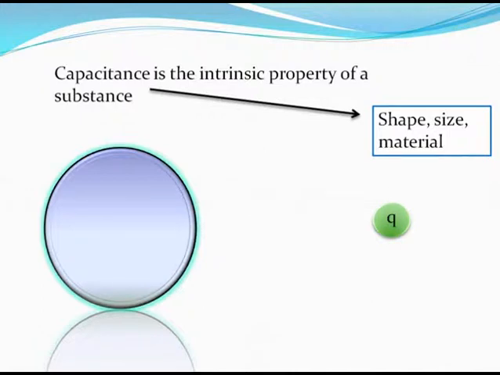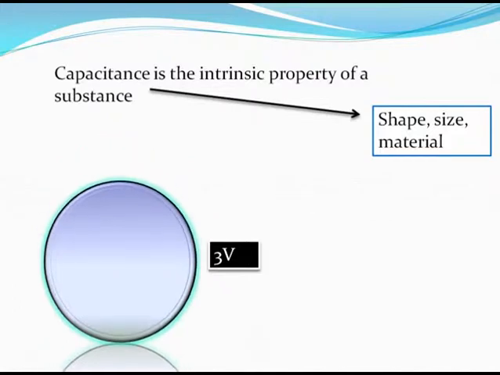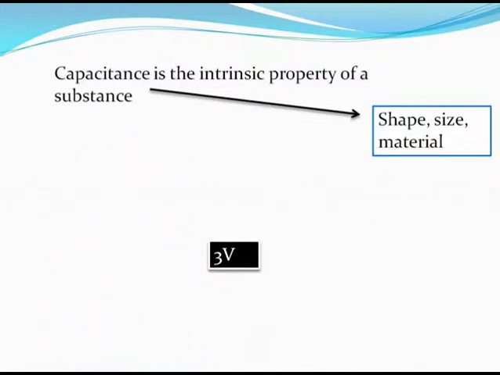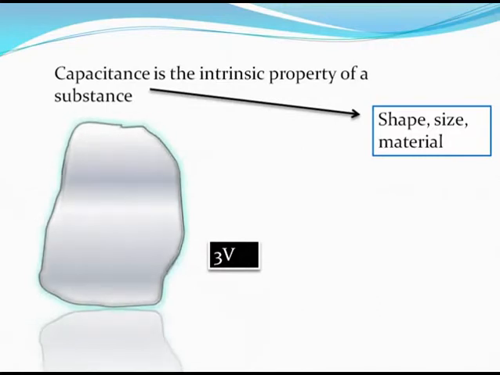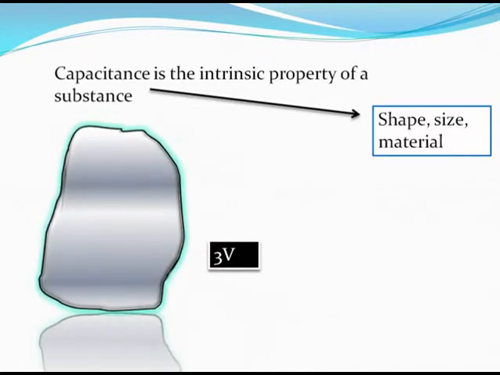So let's say you have this disc that you see on your screen. When I add a charge Q to this disc, the electric potential of this body increases by 3 volts. But if I change the shape of this disc and make it something like this, in that case, adding the same charge Q to this body might actually increase the potential of this body by 5 volts.